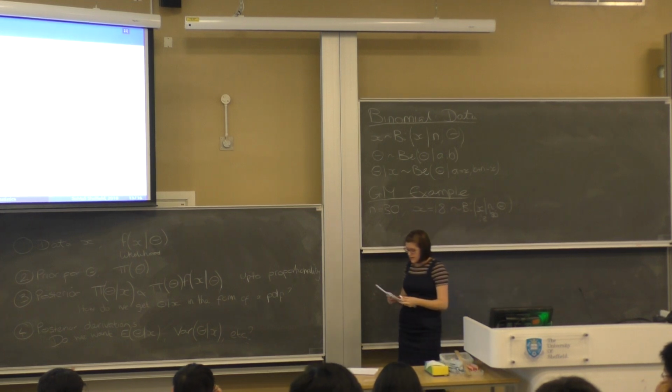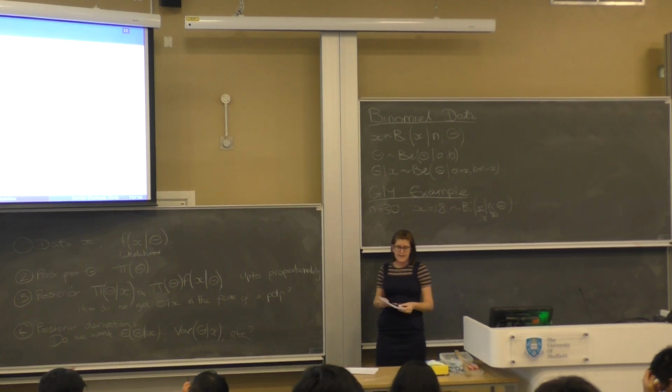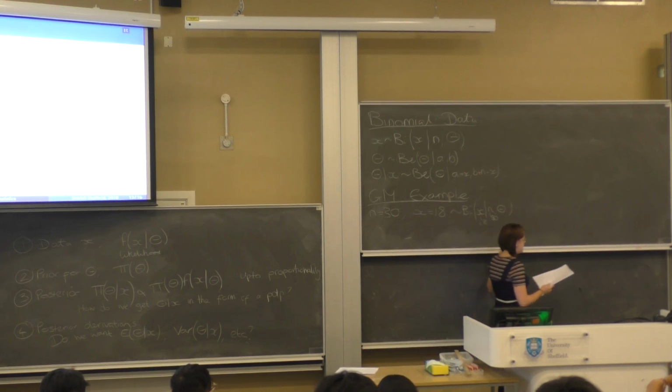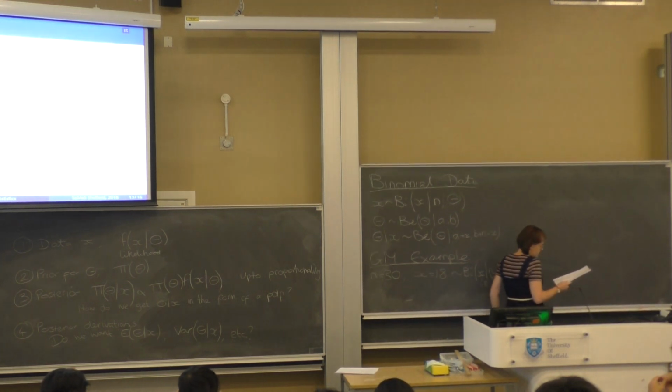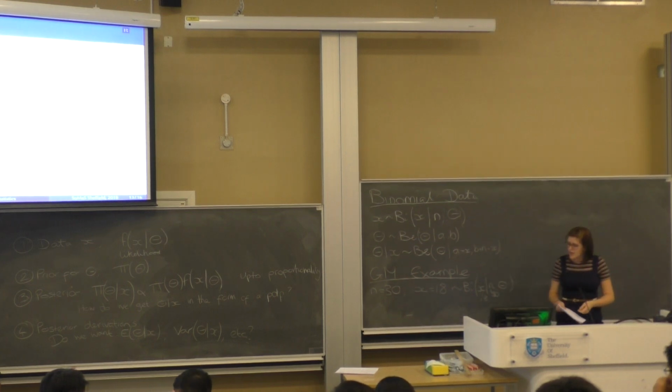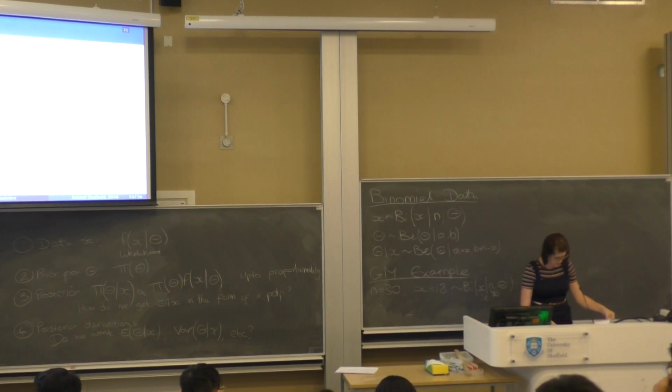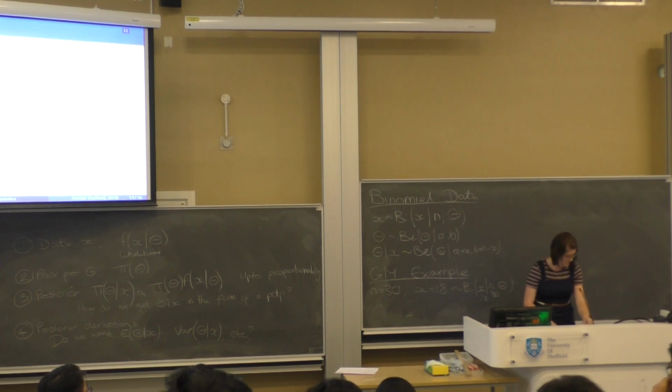So the first thing that we're going to look at is a prior set by the GM company itself. So this GM scientist said that they believed that theta was equal to 0.95. Let's check that.